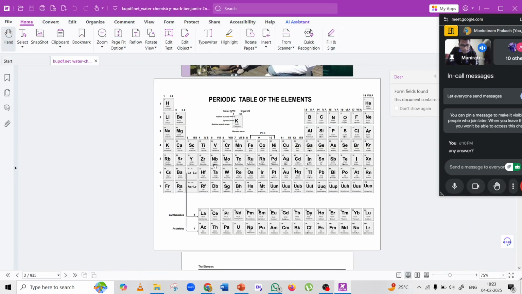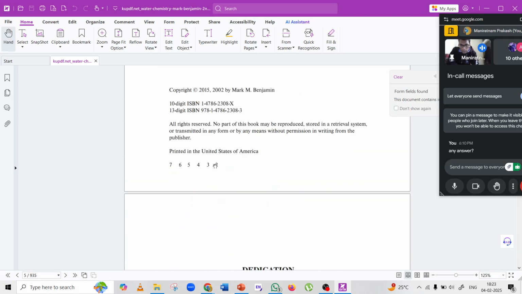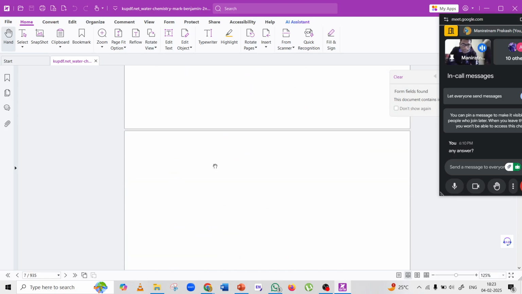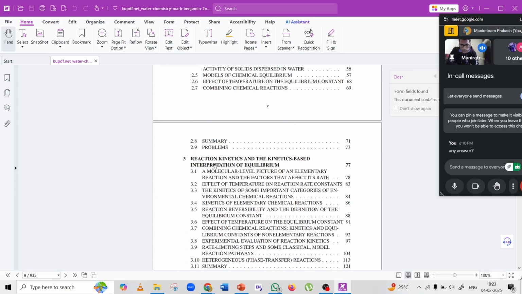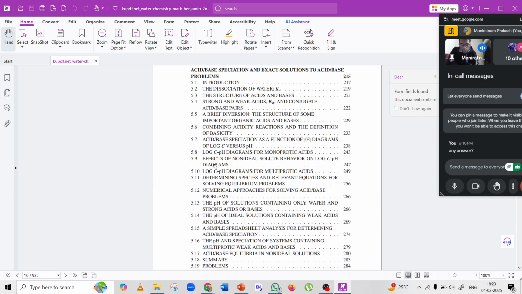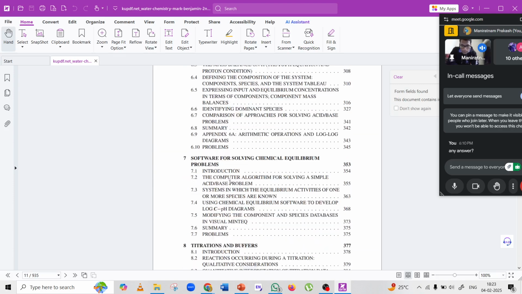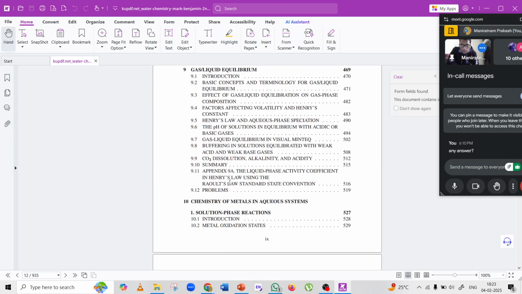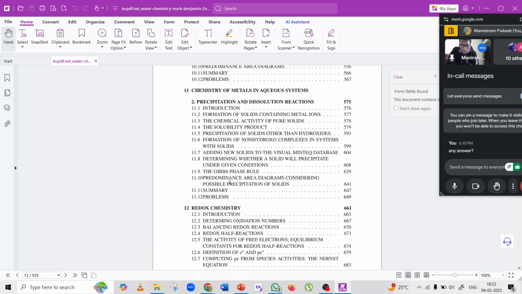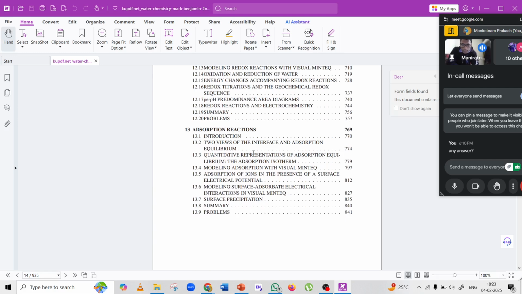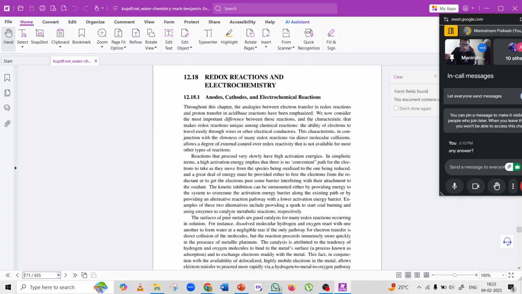If you are or want to be an environmental engineer, at most IITs they will refer you to this book. Chapter 7 deals with adsorption, solving software, titration, gas liquid, redox. The adsorption reaction is in chapter 13. This is a good book, highly recommended. If you want to learn more about the adsorption process, just go through this book.